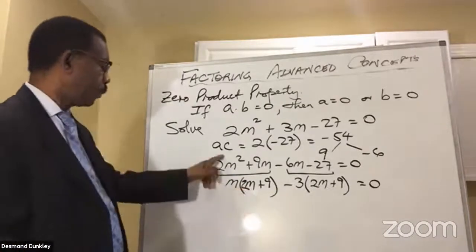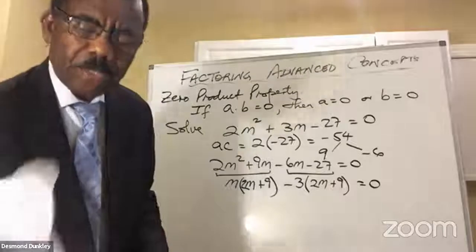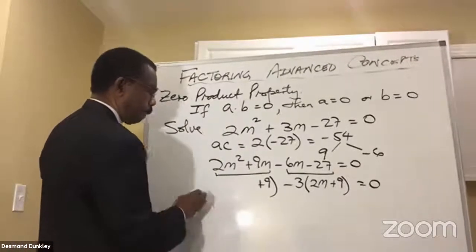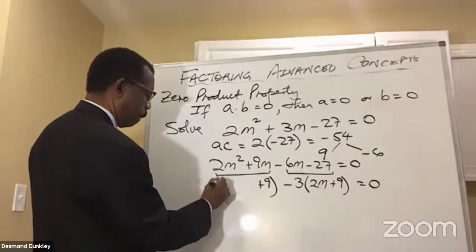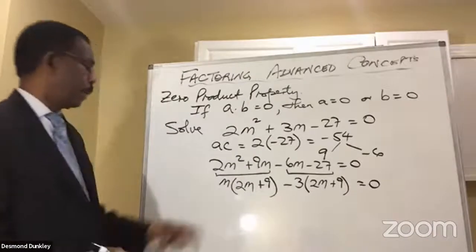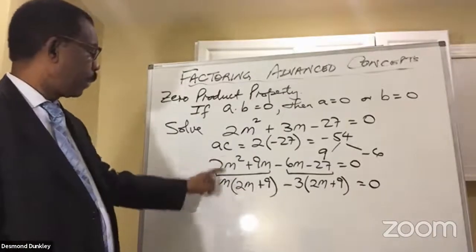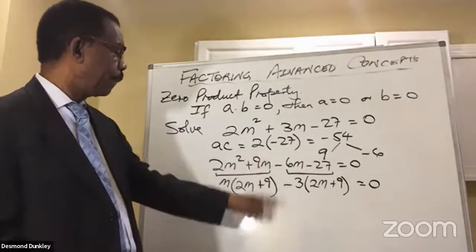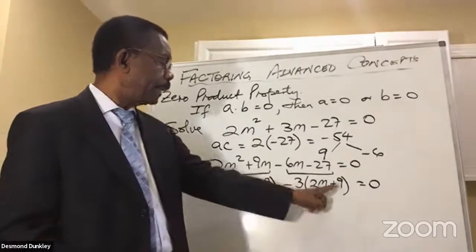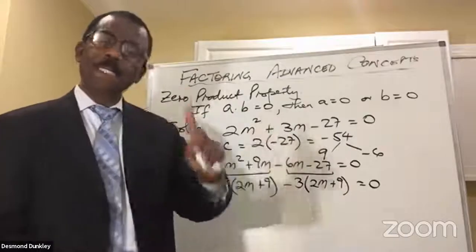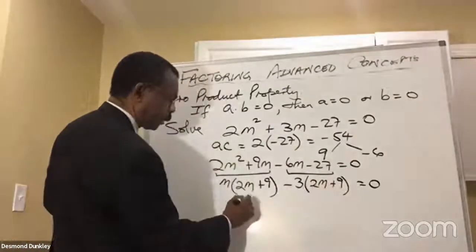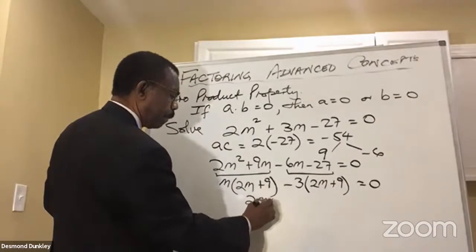That doesn't look good. Let's edit. M times 2m, 2m squared. M times 9, 9m. -3 times 2m, -6m. -3 times +9, -27.